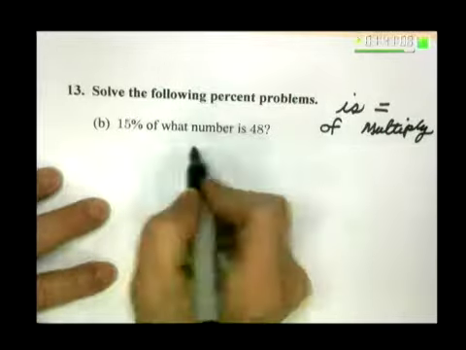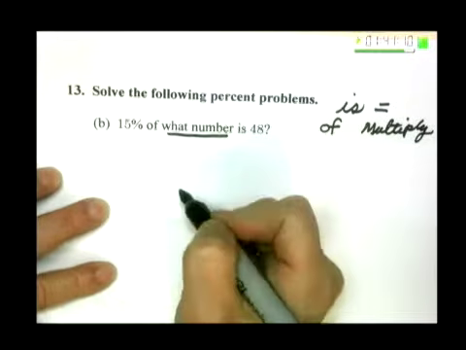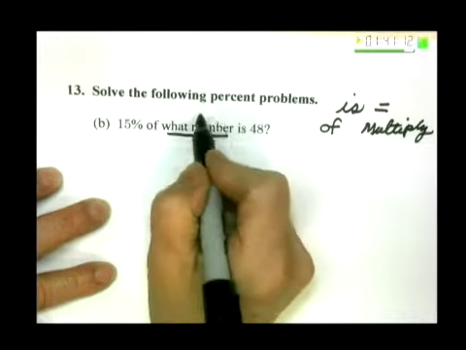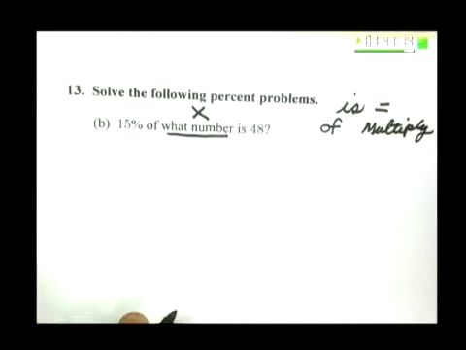So the problem says what number, and what are we going to let represent that number? X. That's my key, and I'm writing that X is my key. You could have used A, you could have used Y, you could have used Z. I'm so used to writing X's that I do it all the time. I'm in a rut. I eat the same thing for breakfast every day.